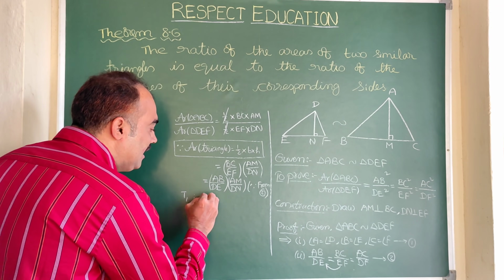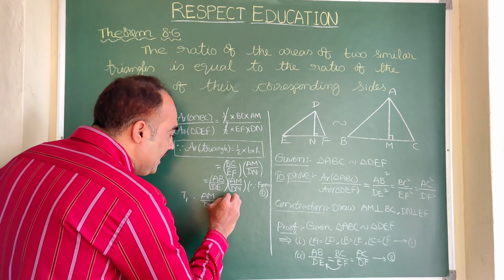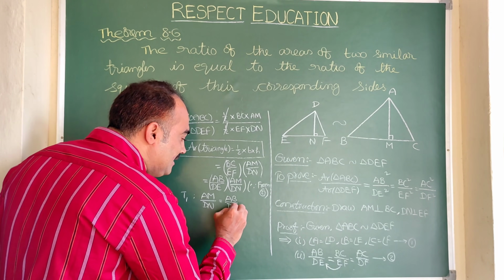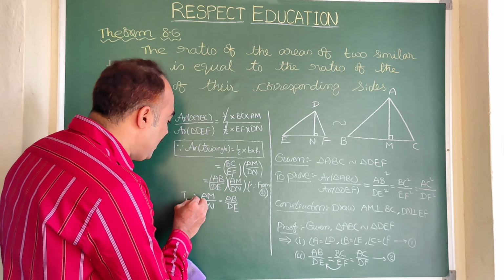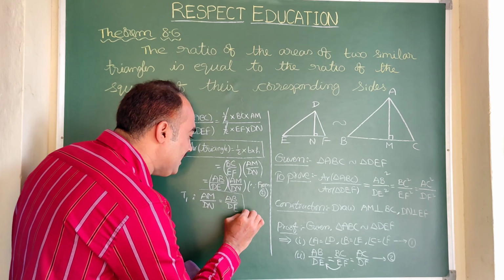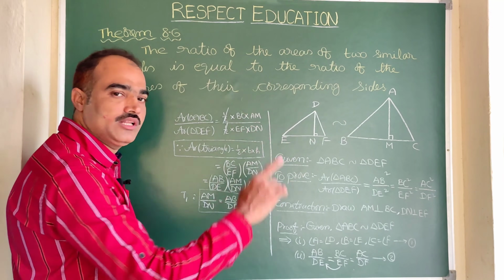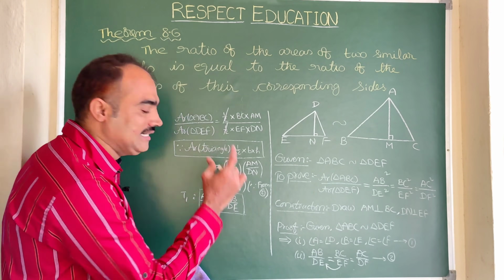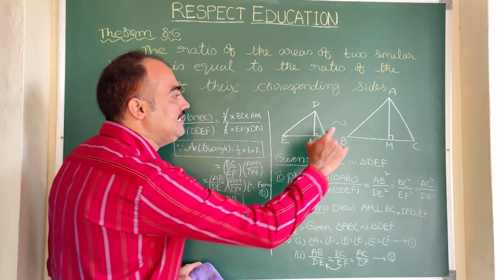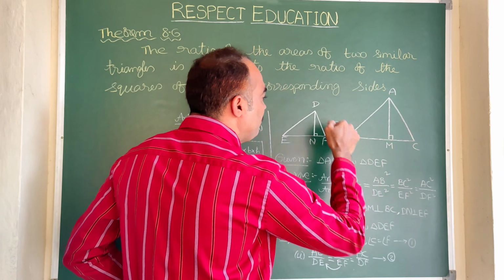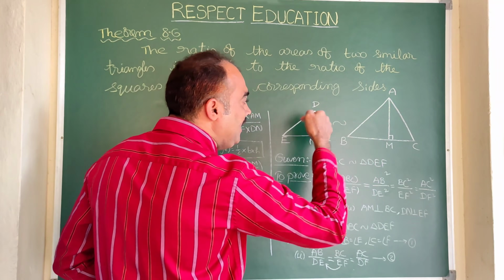So I am setting target 1, a small target: if I am able to change AM by DN as AB by DE, then this proof will be completed. If we reach this, ultimately we will reach the main proof also. You compare these sides here: AM by DN should be AB by DE.